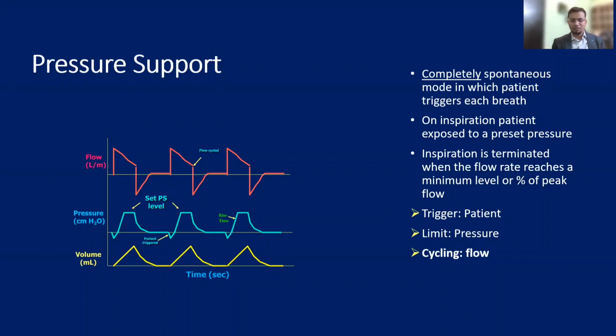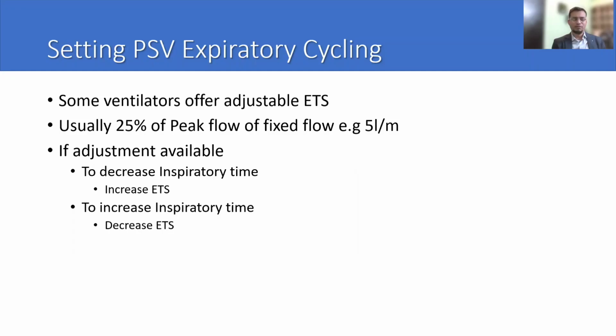Nevertheless, a peculiar type of cycling is observed in this mode, and that is called flow cycling. So remember, the trigger will be the patient, the limit will be the pressure, and the cycling will be the flow. Whenever you are putting the patient on pressure support ventilation, set the ETS, that is expiratory trigger sensitivity.